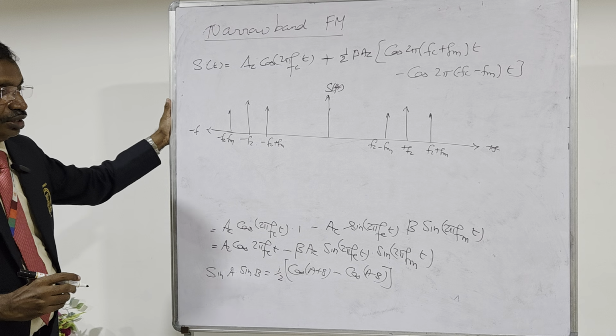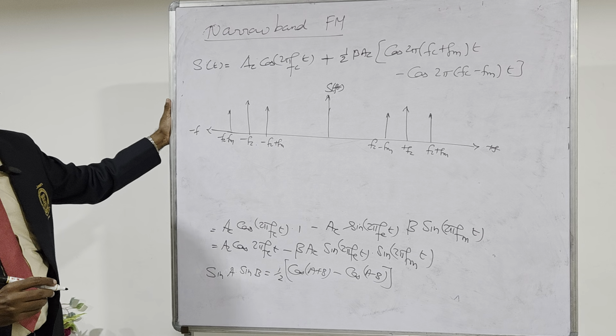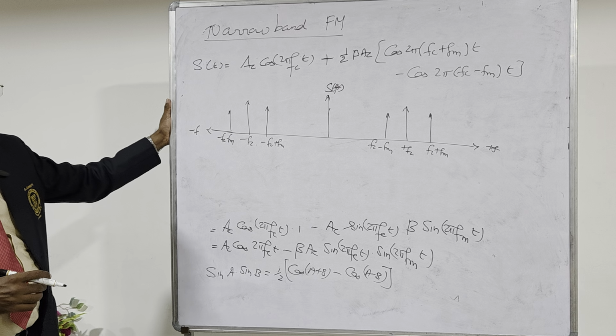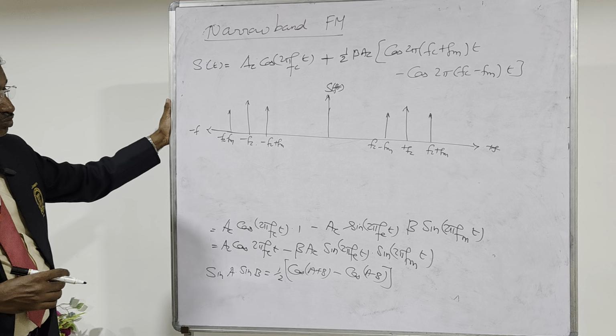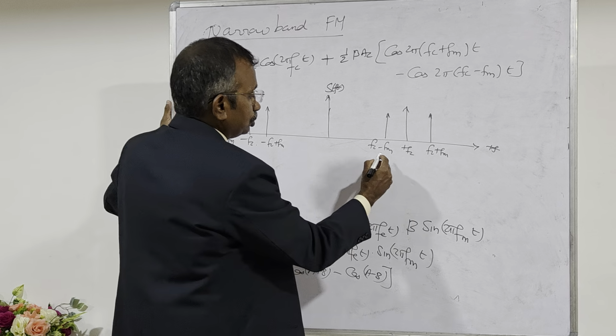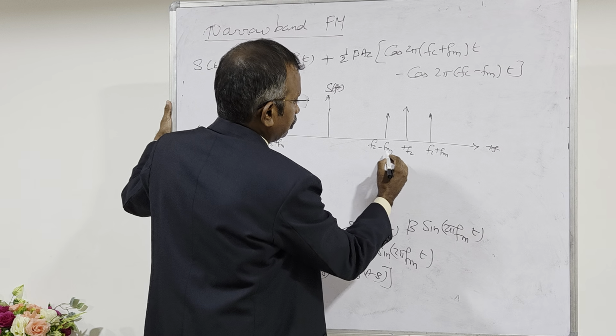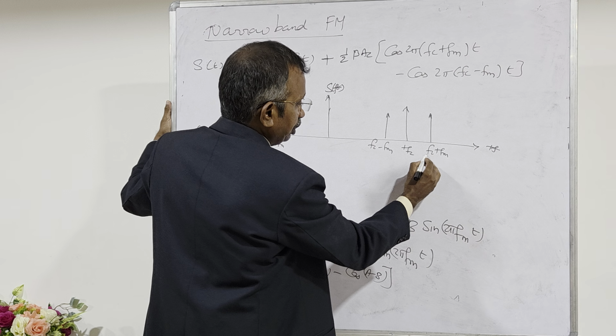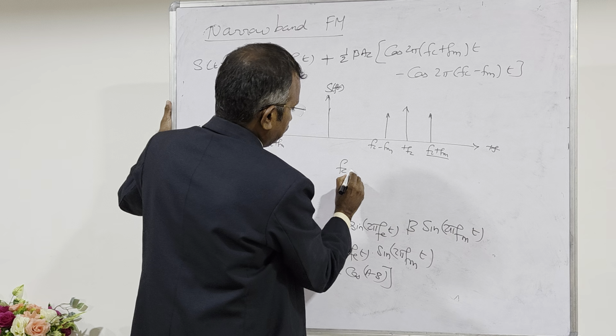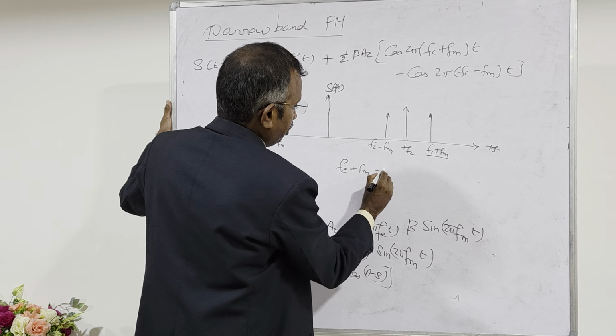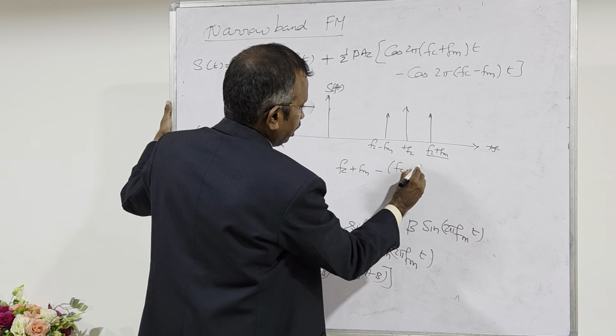So you have to calculate the corresponding bandwidth of the signal. The bandwidth of the signal will be the highest frequency, fc plus fm, minus the lowest, fc minus fm... sorry, minus of minus fc minus fm.